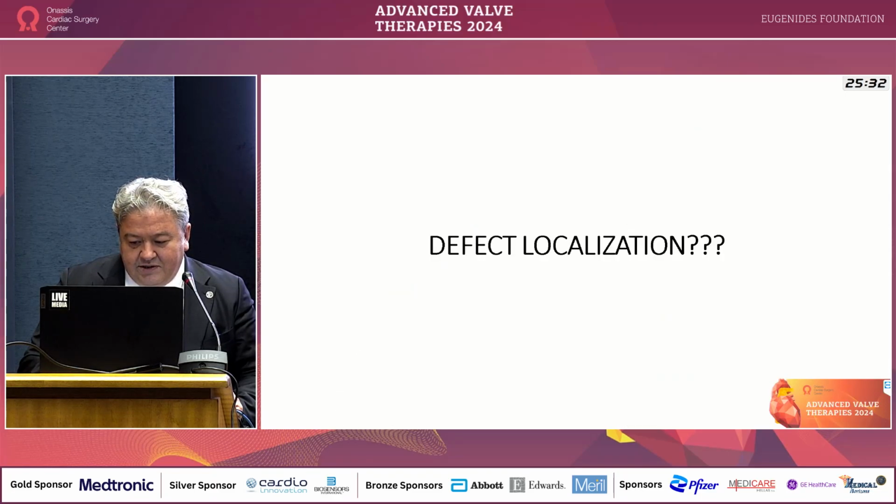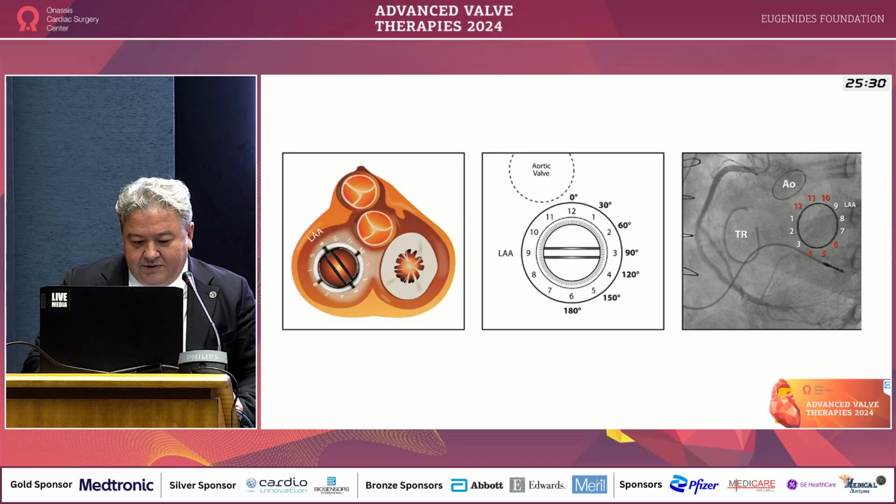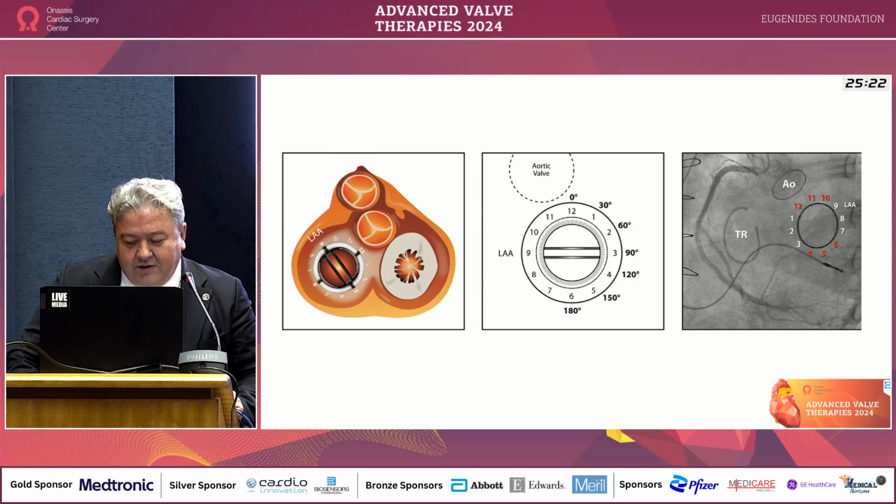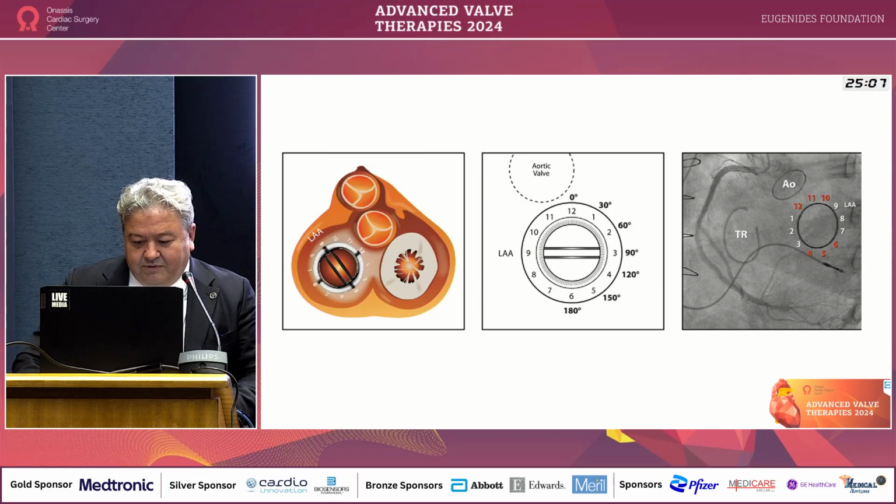So defect localization is very important. This is the clock method according to transesophageal echocardiography and the anatomical, surgical localization, where the aortic valve is at 12 o'clock, the left atrial appendage at 9 o'clock, the septum at 3 o'clock, and just opposite of 12 o'clock, the 6 o'clock, is the posterior region.